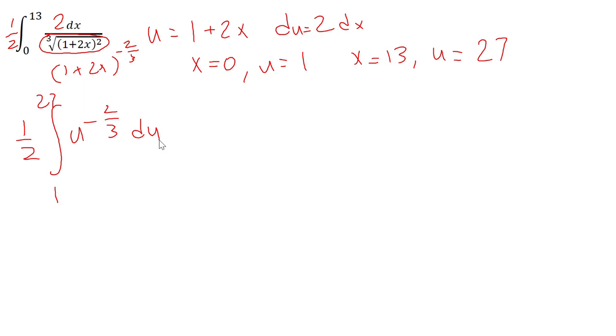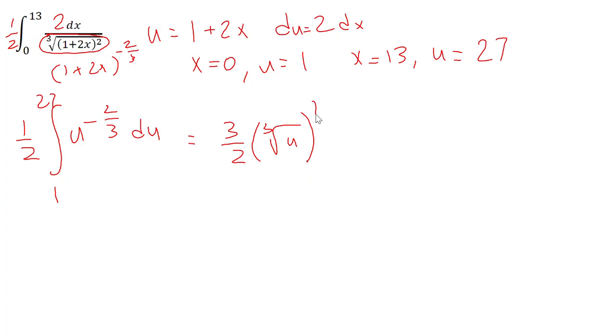And so we'll integrate that. U to the negative 2/3 should go up to be u to the 1/3. And then we'll divide by 1/3, which would be like multiplying by 3. So effectively, we've got 3/2 times the cube root of u, or u to the 1/3.